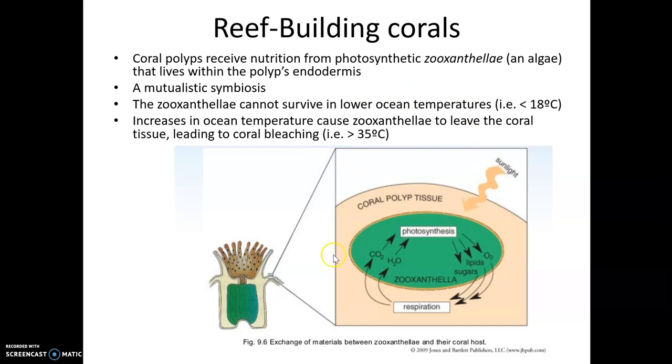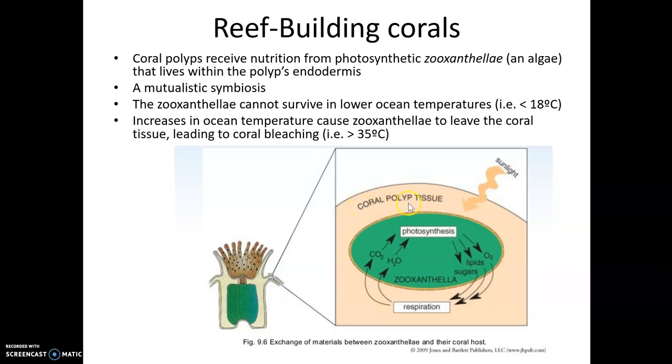So embedded in the tissue of the coral animal, we have one-celled algae. And those algae, they do photosynthesis, so they use sunlight and carbon dioxide and water to produce sugars and other organic molecules, and they also release oxygen, right?